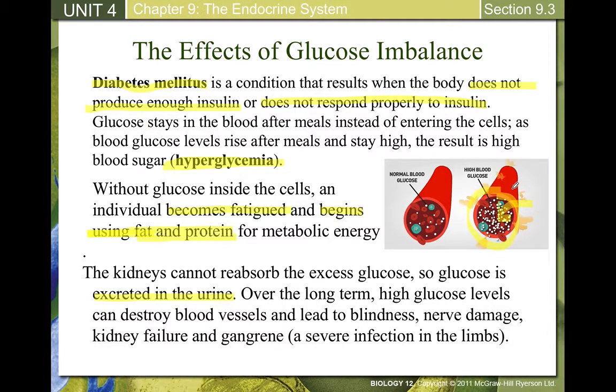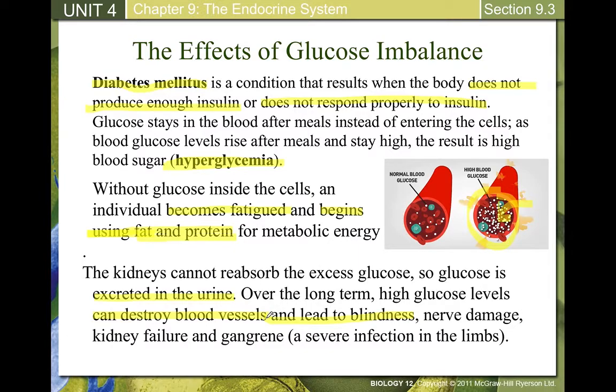That's going to stretch your vessels. It's going to leave little kind of tears in the blood vessels, and it can be really damaging to blood vessels. So over the long term, high glucose levels can actually destroy blood vessels, and what we start to see in people with diabetes is that any area of your body that has really fine blood vessels, like in your eyes, those areas are going to start to have problems.